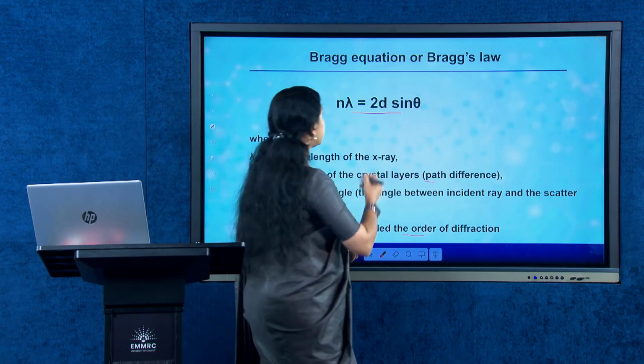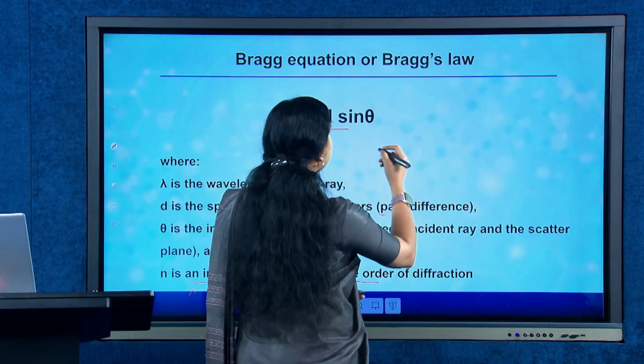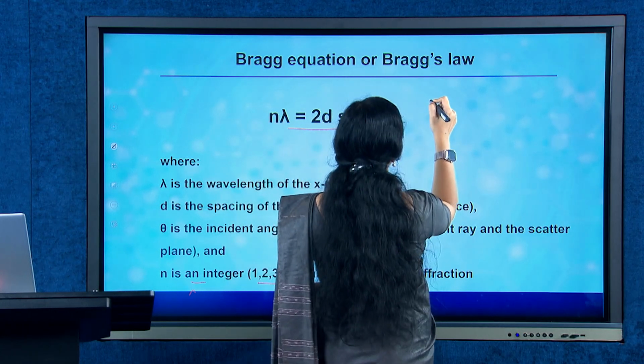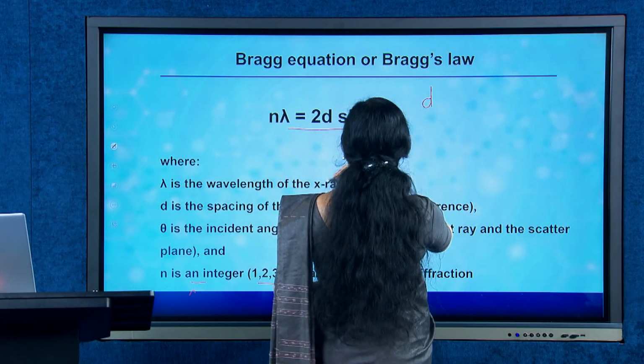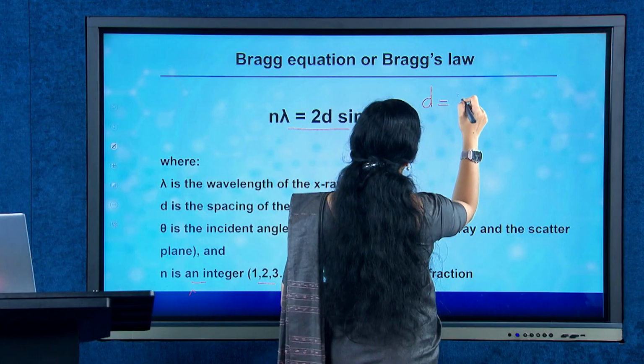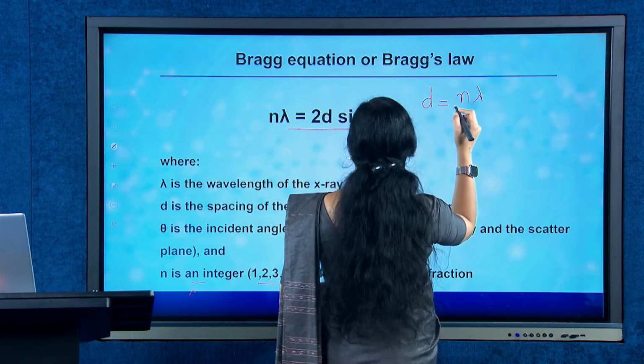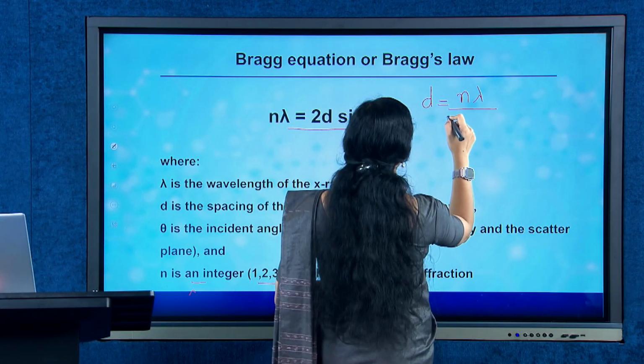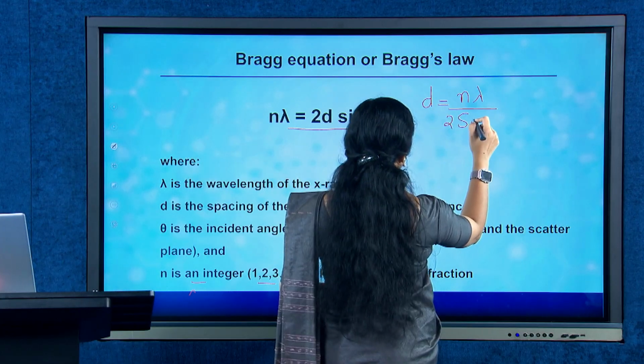So, from this equation n lambda equals 2d sin theta, we can calculate the spacing between the planes as d is equal to n lambda by 2 sin theta.